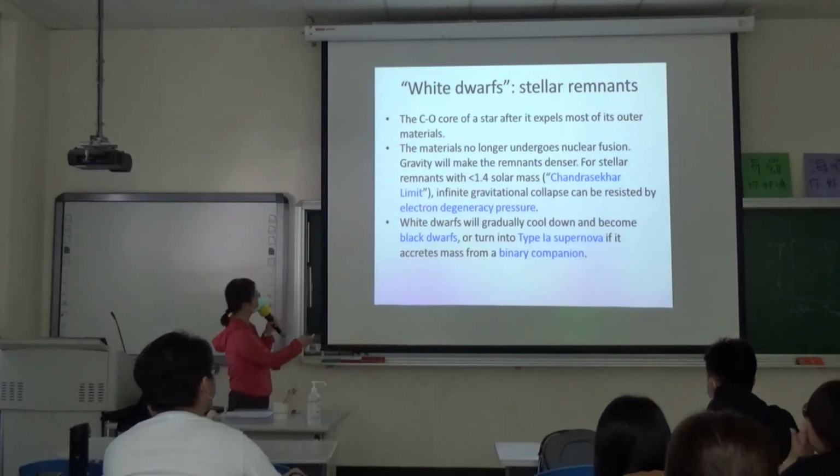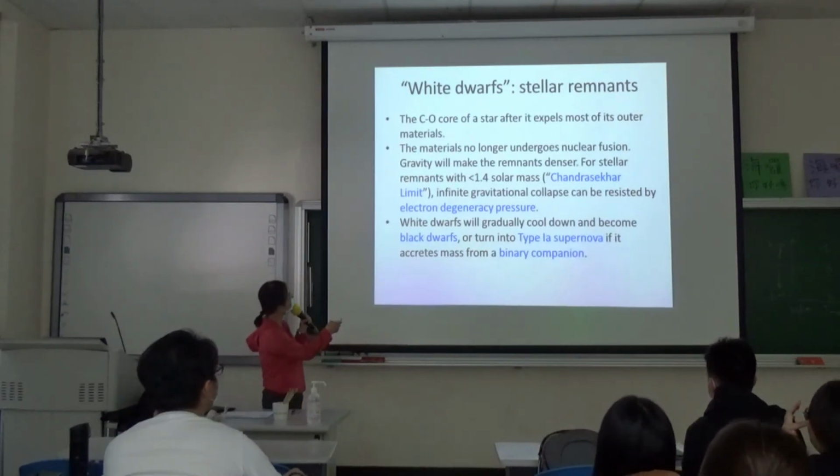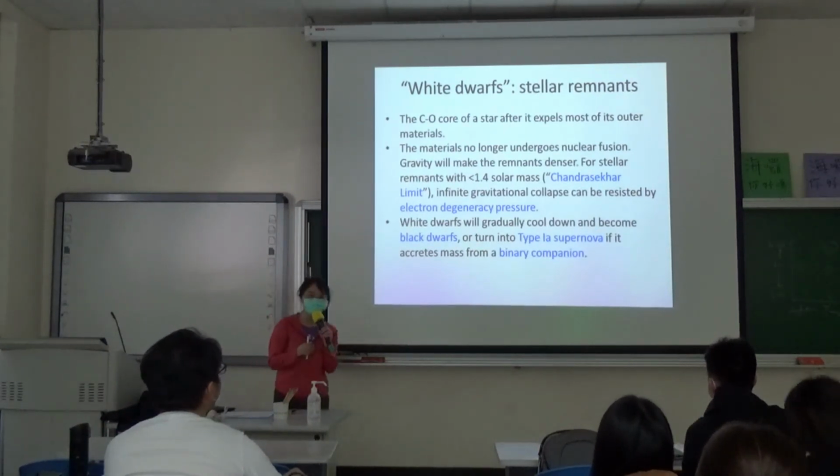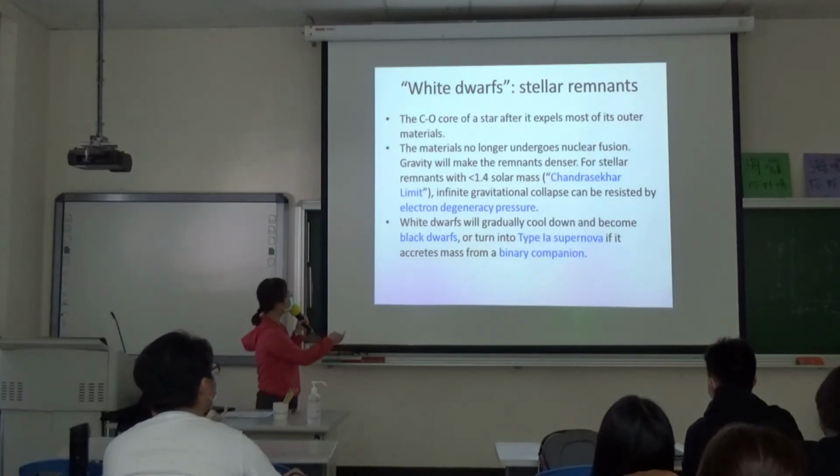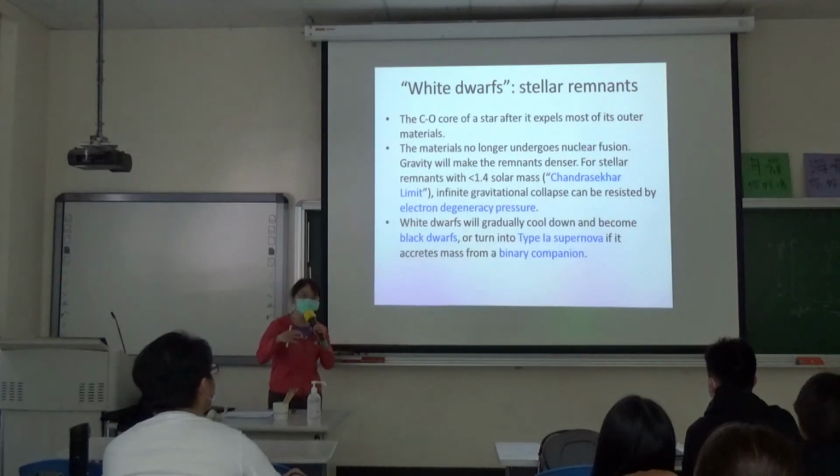And here it says, for a small star like our sun, after the nuclear fusion stops, the material will start to collapse. But because the mass is not large enough, the gravity is not large enough.